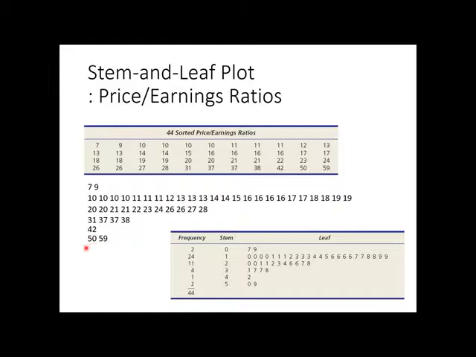Then there is 5. So we classify the data into those with one digit and those starting with 1, 2, 3, 4, and 5. In the stem and leaf plot, you have the stems 0, 1, 2, 3, 4, 5.